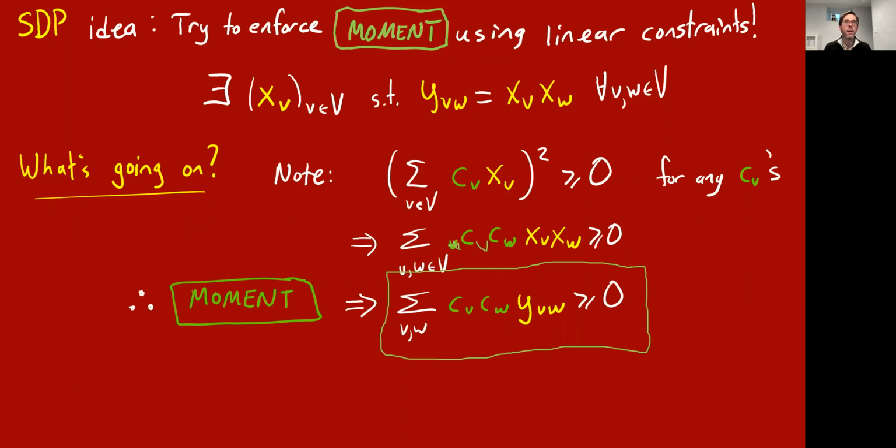To repeat, any y's that satisfy the moment constraint must satisfy this green box constraint for every choice of real vector c. And notice that these are linear inequalities in the y variables. So what I'm saying is any y's that satisfy the moment constraint must satisfy infinitely many different linear inequalities, all the ones that look like this, for some choice of real numbers c_v, one for each vertex.